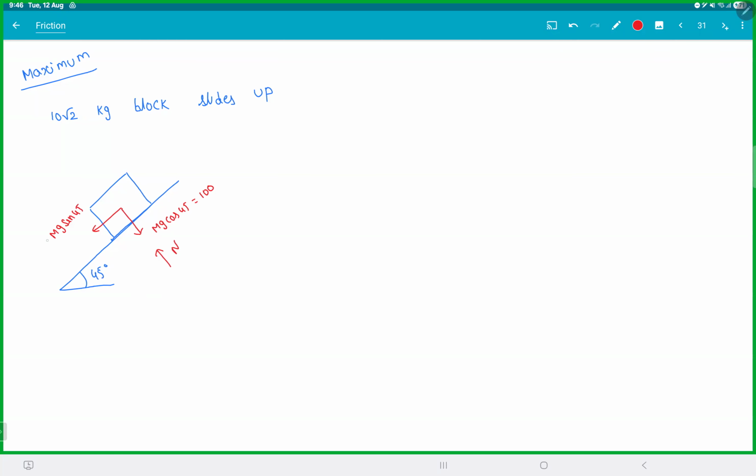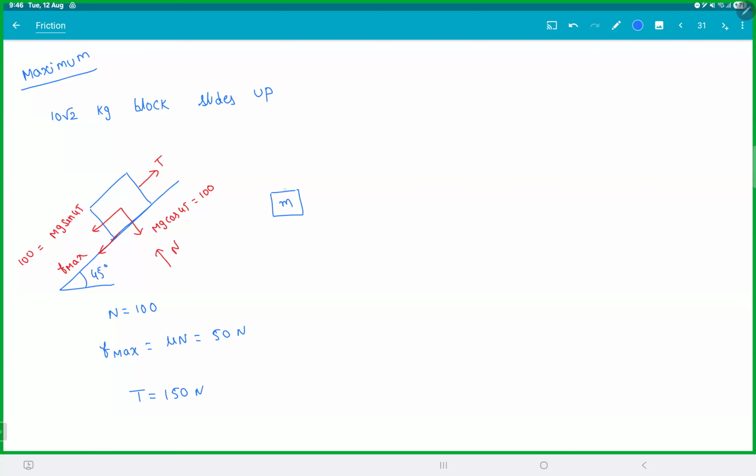Mg sin 45, that is also 100. Now, since the block is trying to go up, this will be the tension, friction will be backward, and that will be F max. So N is 100. F max will be mu N, and mu is half, so this is 50 newtons. So we get tension is equal to 150 newtons.